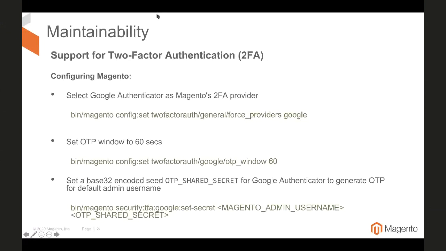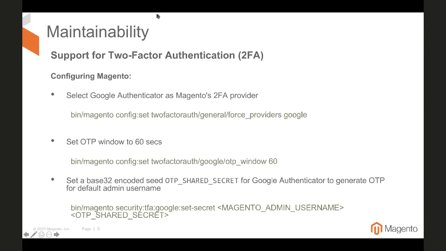Then you set the OTP window to 60 seconds. And most importantly, you set a base 32 encoded secret string, named OTP shared secrets, for Google Authenticator to generate the OTP for the default admin user.